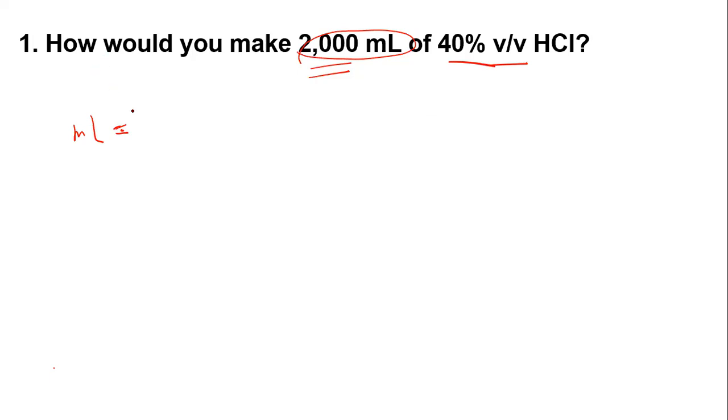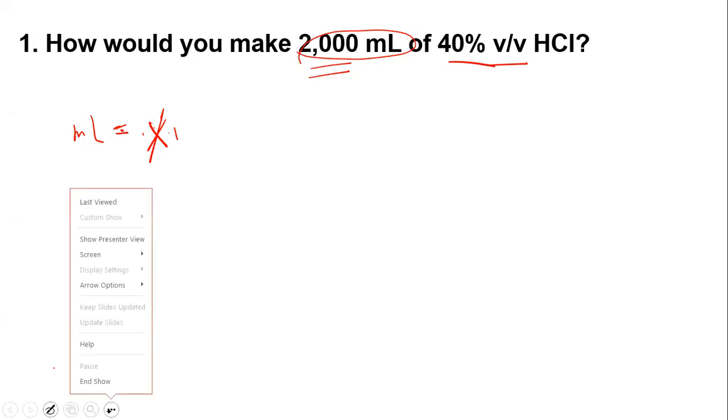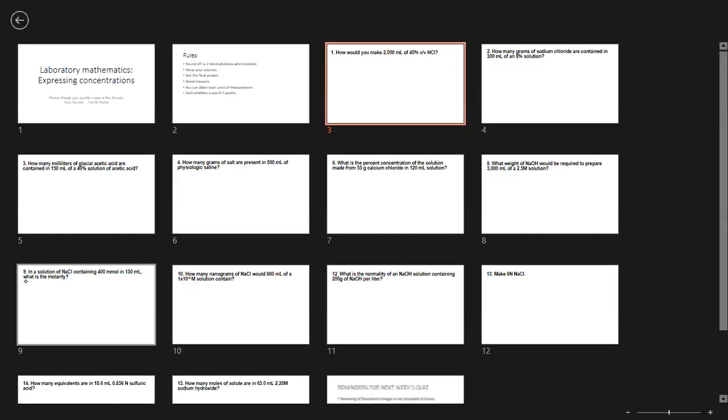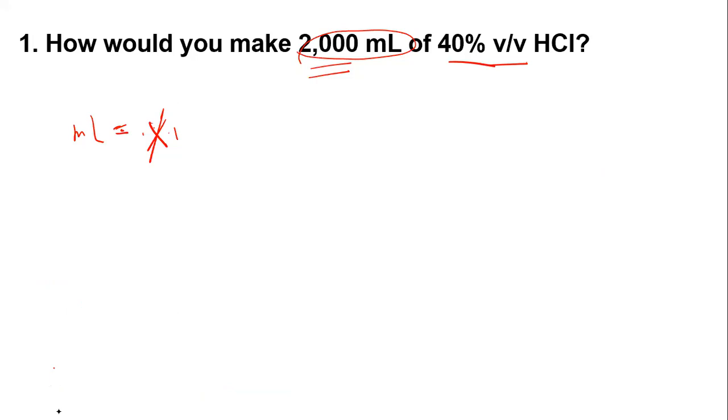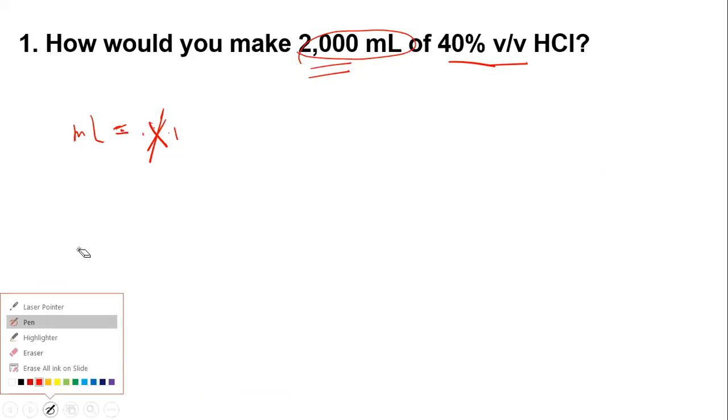So, mL equals, dapat po mL equals yung unknown na unknown na mL. Yung ating percent concentration. Wait lang ha, hindi ako sanay sa digital pen pa. I'm looking for the eraser. There. Okay.